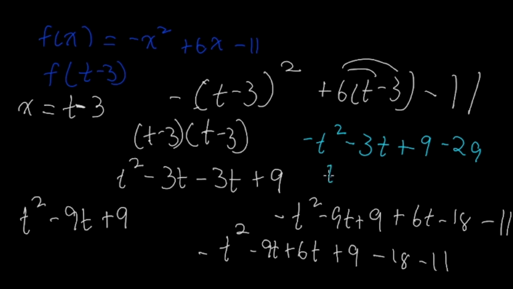So that becomes negative t squared minus 3t minus 28. That will be the answer, just like so.